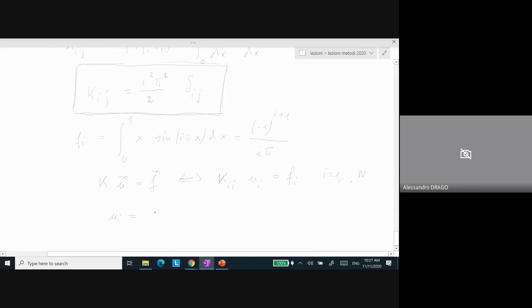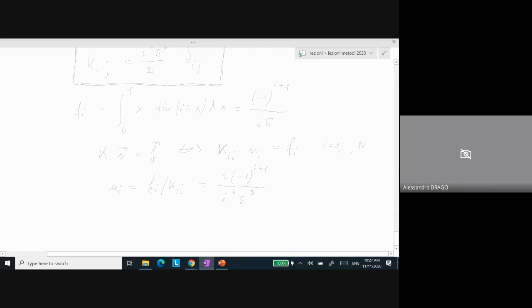Ui is, of course, equal to Fi divided by Kii, and this is 2 times minus 1 to the i plus 1 divided by i cube pi cube.